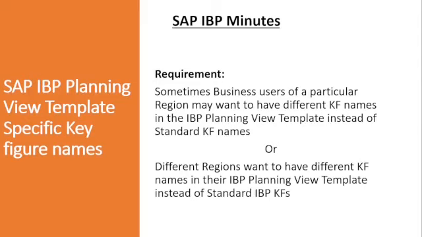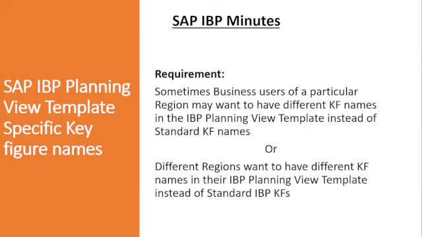Of course, you know that we can change the name and description of any key figure in the IBP planning area. But sometimes we have multiple regions within the same planning area. One region wants the same key figure names that we have in the standard planning area, but another region wants a different key figure name.